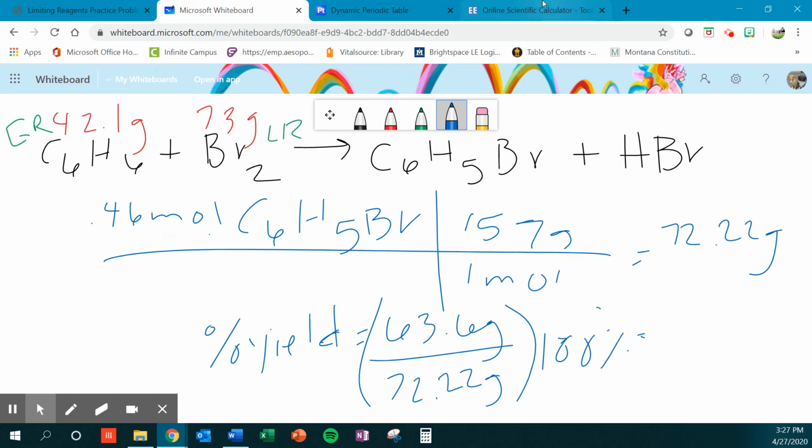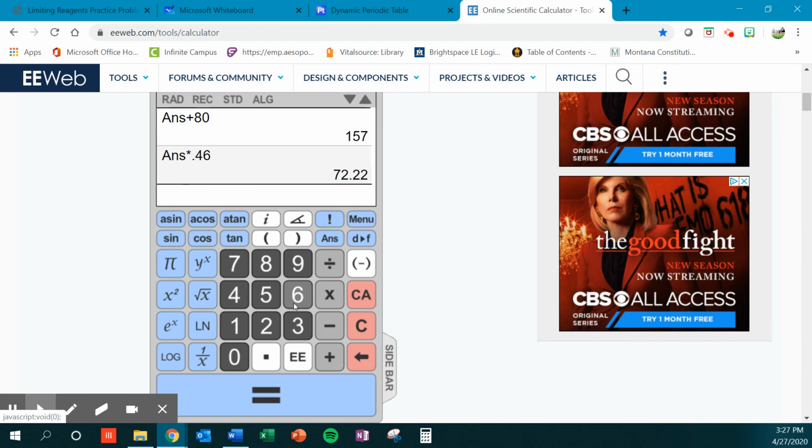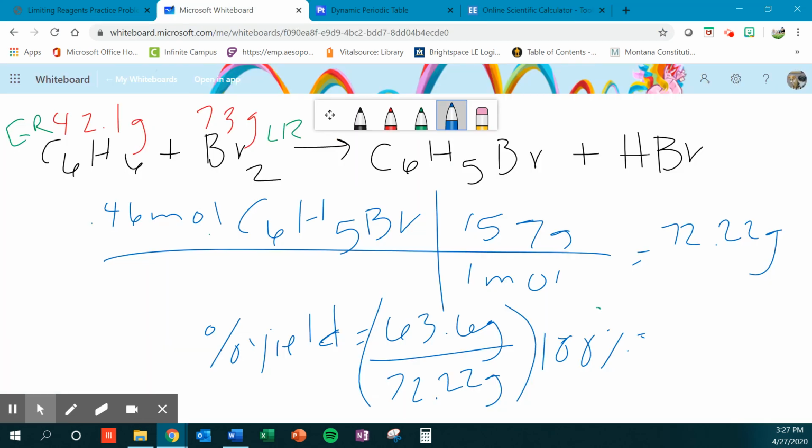And so we take 63.6 divided by 72.22, and we get 88% if we round that, or if we move the decimal over.